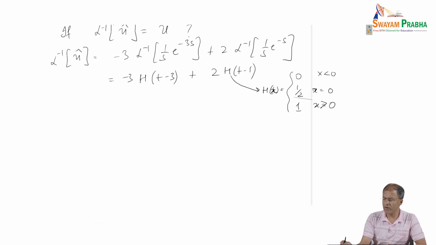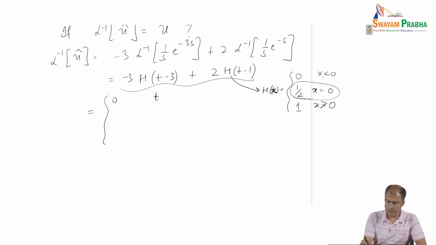So at x equal to 0, we take the averaged value of x less than 0 and x greater than 0.